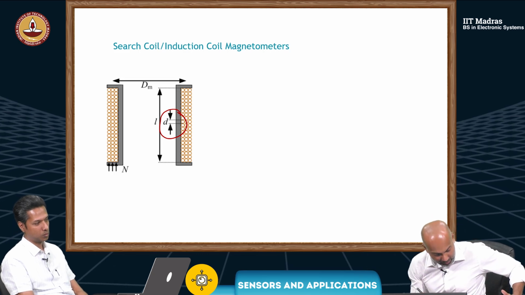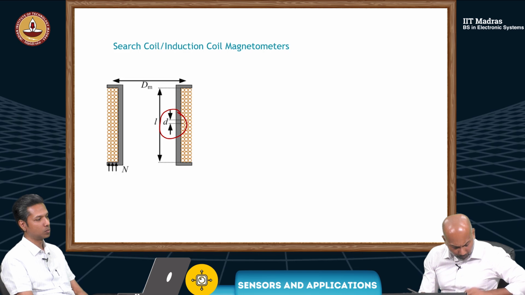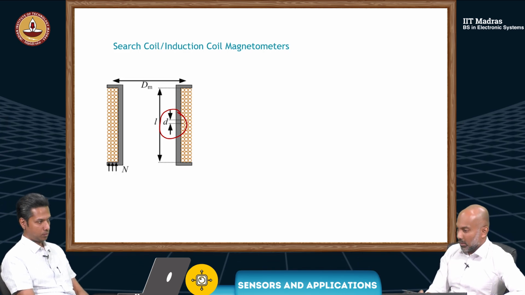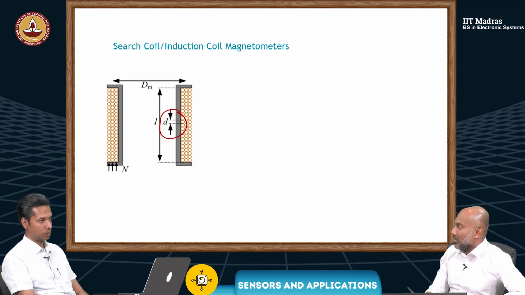But you also asked how this will affect our output. When we talk about output, there's something called signal to noise ratio.